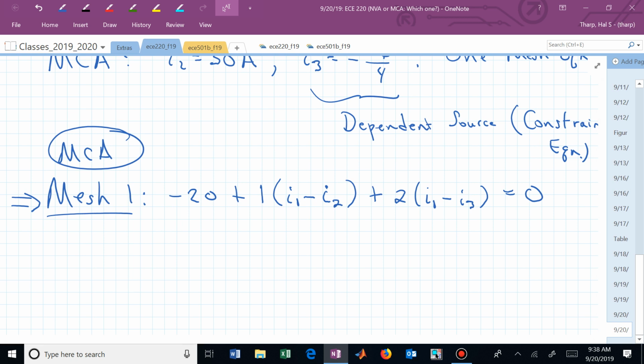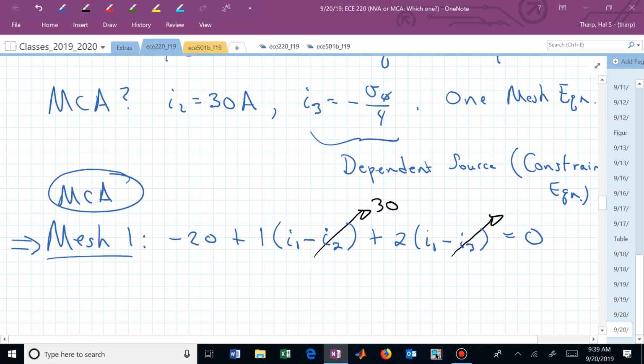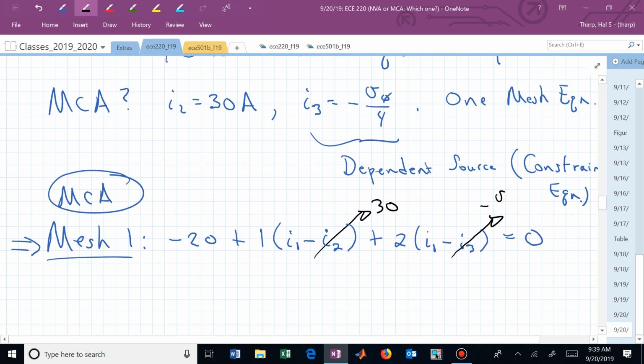But we know that this I sub 2 was actually just given as a numerical 30, and I sub 3, that was minus V sub phi over 4.